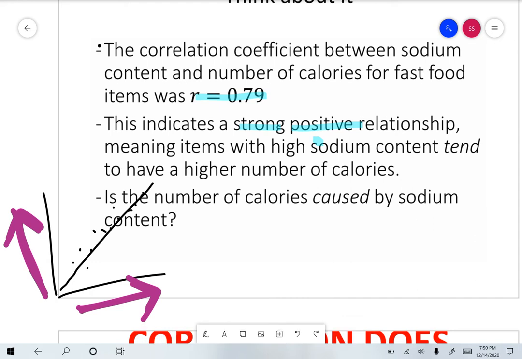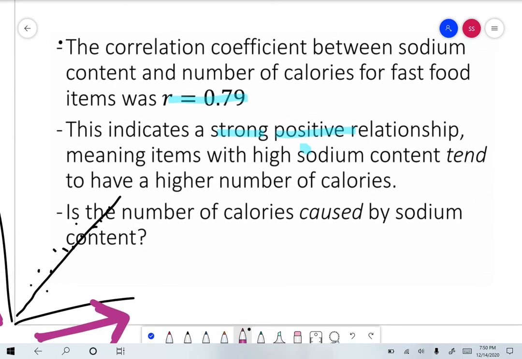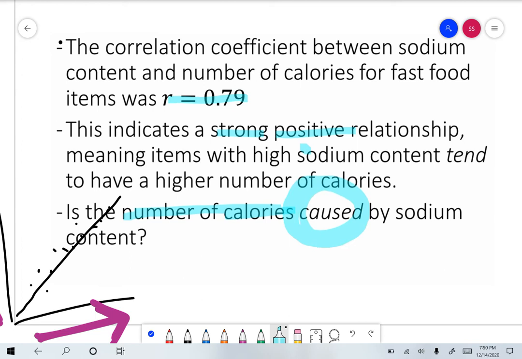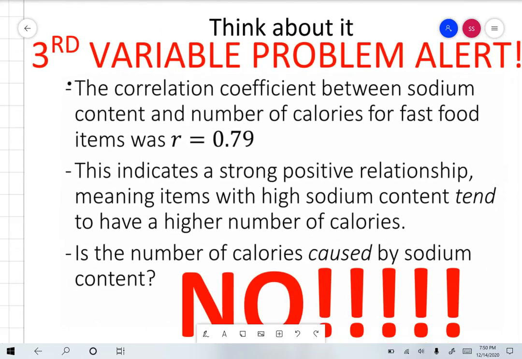So my huge question for you, and this is very, very important to think about, is the number of calories caused, this is a very important word, caused by sodium content? Think about it. The number of calories caused by sodium content. And again, the keyword there is caused. It's a huge word here. Well, the answer is no.